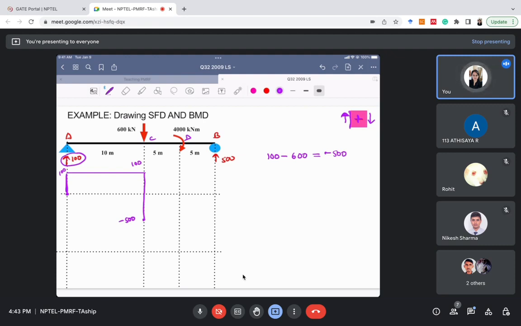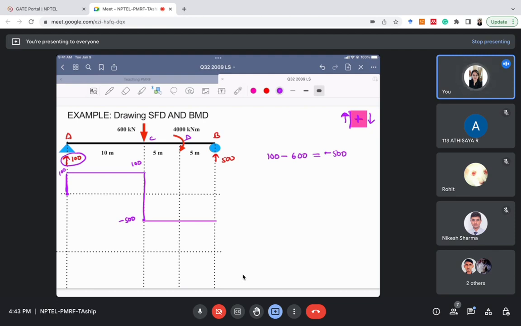Therefore, we will neglect moment for drawing the shear force diagram. So from point C to B, there is no loading, right? Neither point load nor uniformly distributed load. So it will be a straight line up till this point.